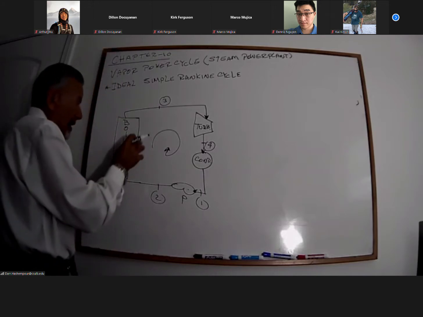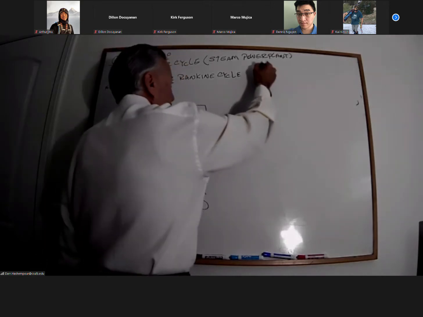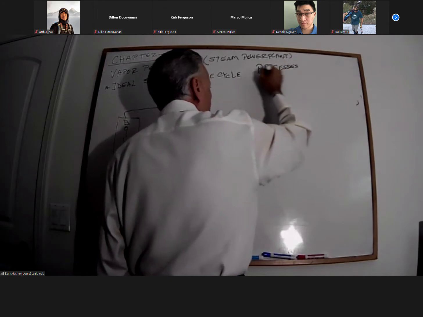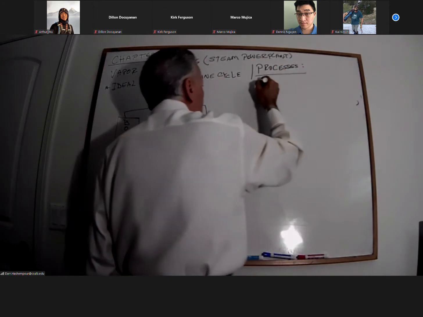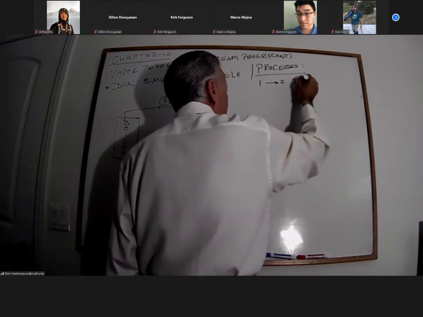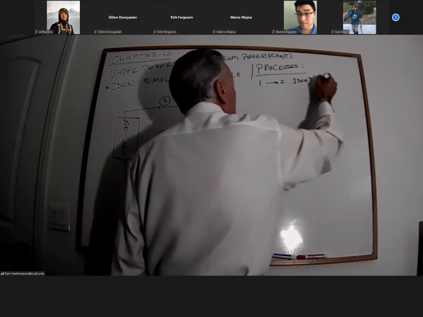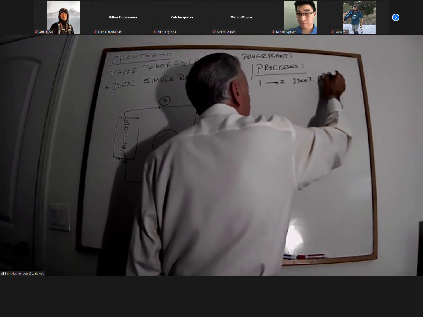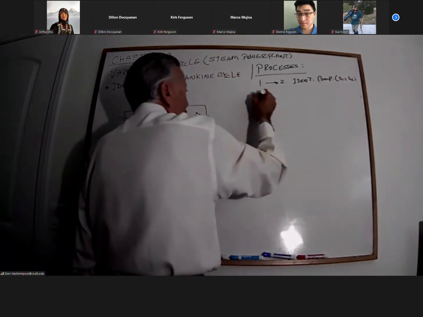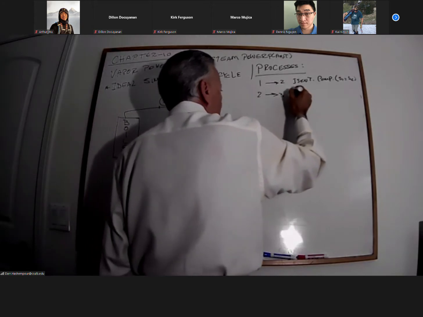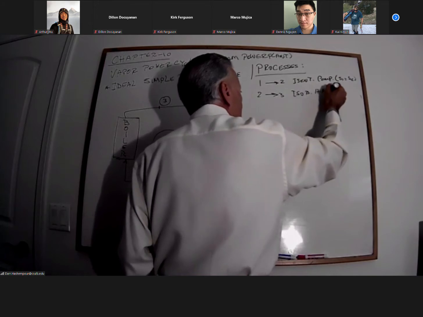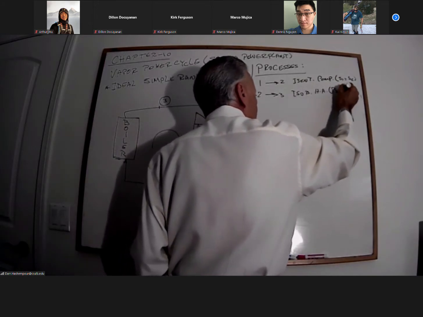So the simple Rankine cycle has these processes. Process 1 to 2 never changes. Isentropic compression. S1 is equal to S2. Process 2 to 3, isobaric heat addition. P2 is equal to P3.